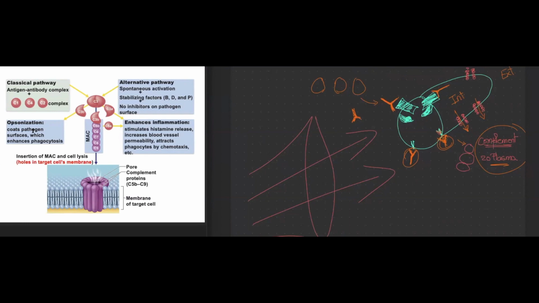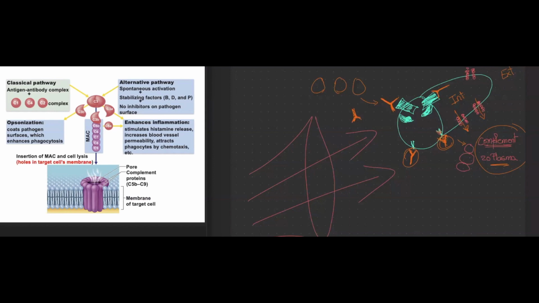But if you put sugar on top of it, you're more likely to eat it. So this is the same concept. So complement here will be marking the bacterial cells, not only marking, it gives a code to the cell which enhances the macrophage to come and engulf and eat this bacteria.